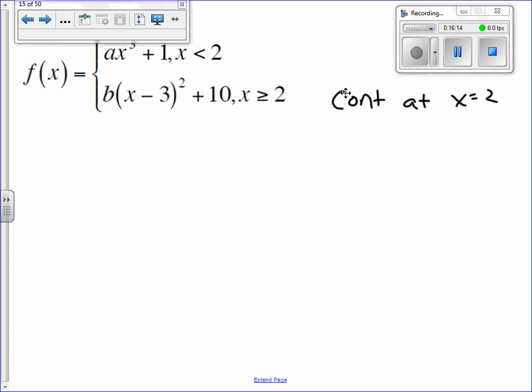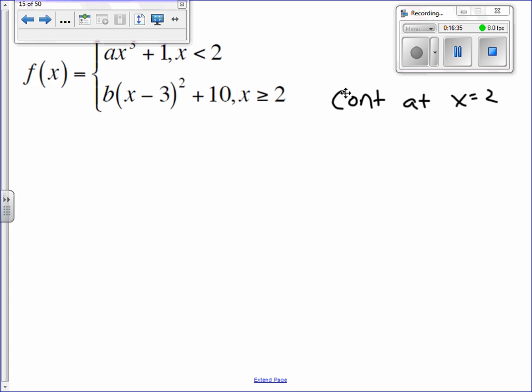We're trying to find values of a and b that make this function differentiable, in this case at 2, because it would be differentiable everywhere else. What is the fact that it has to be continuous? What does that tell us? Yes, Ryan? Yeah, the left and right hand limits have to equal each other, or else the limit wouldn't exist and it wouldn't be continuous.